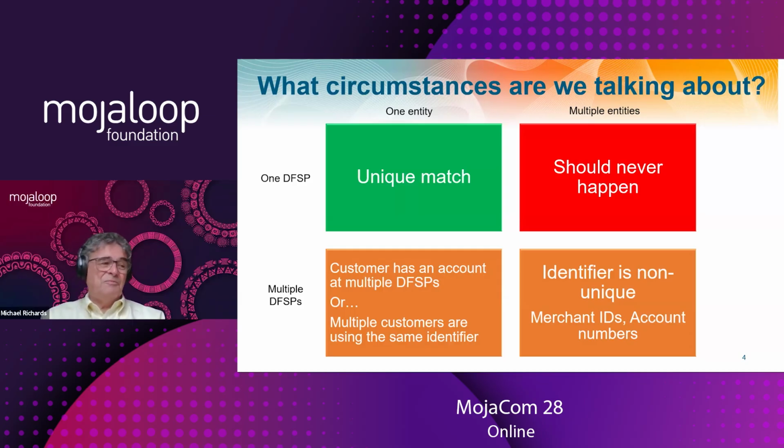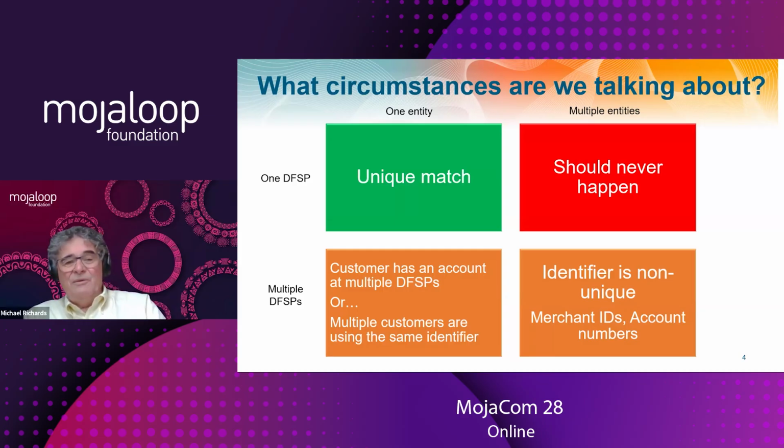The problem is in the bottom row. And we have two different cases there. Where we have one entity with multiple DFSPs, then that means that essentially whichever of the DFSPs we pay, we will be paying the right person. We might not be paying the right account or the account they want us to pay, but we will be paying the right entity. So for the cases where a customer has an account at multiple DFSPs, or there are multiple customers using the same identifier.